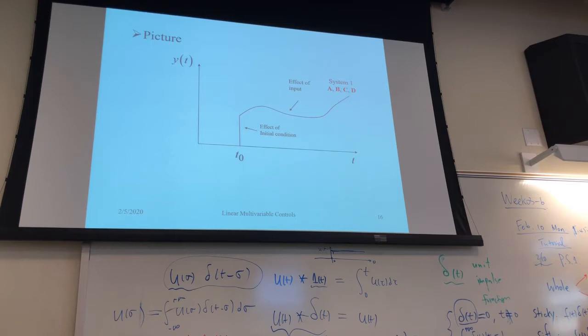One is called zero state solution. So this is zero input solution. This is zero input, this is zero state, meaning initial conditions are ignored, are all zero. Then you have another system, you also have something similar. So then of course you call these two systems equivalent.